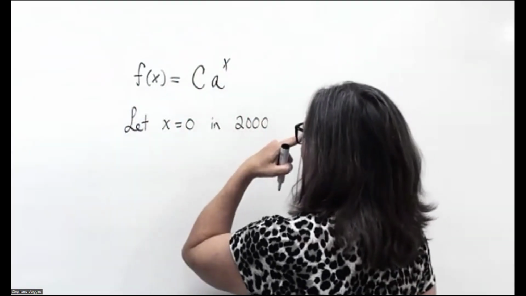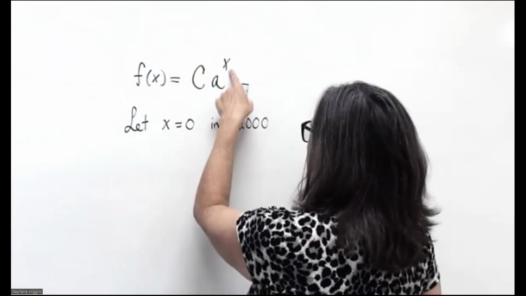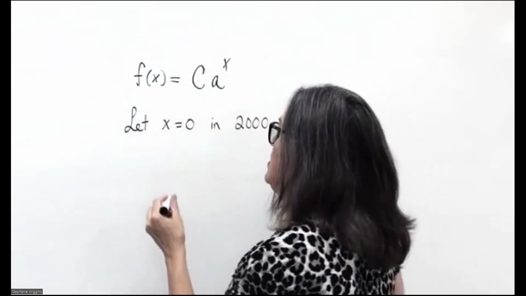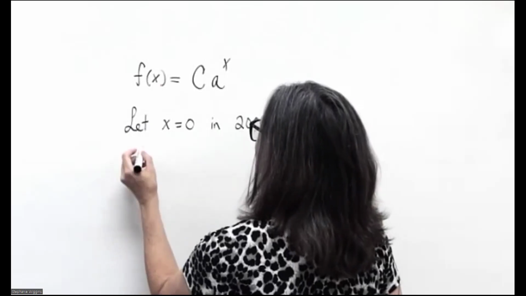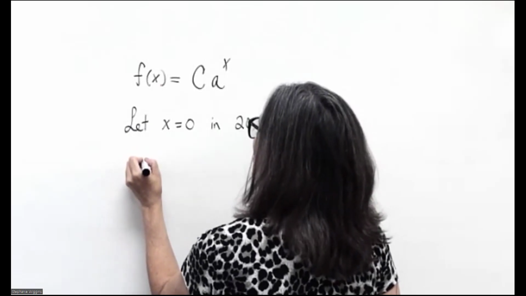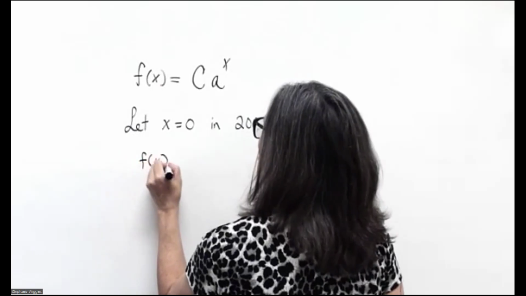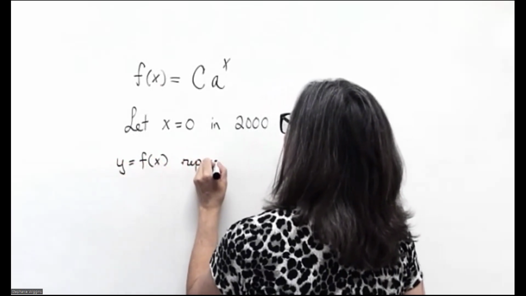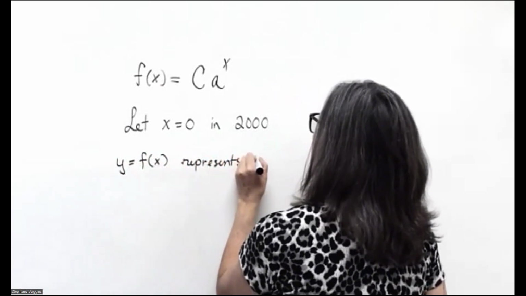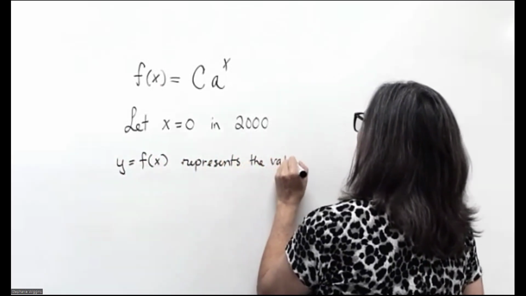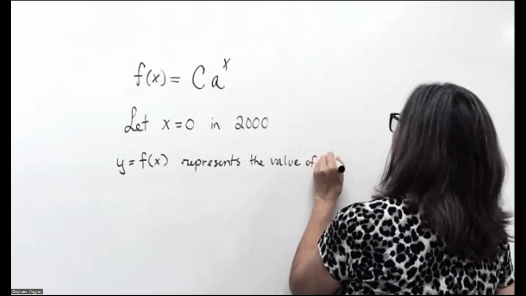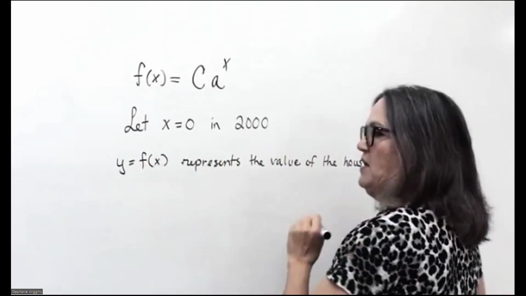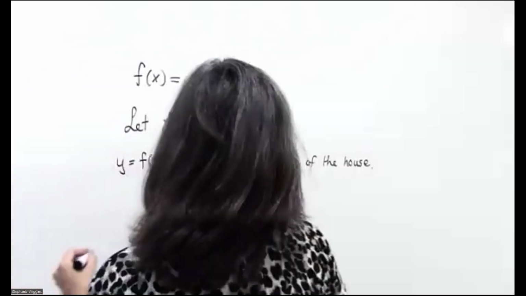So we're going to go ahead and plug in 0, and then we get 220,000 is the value of the house, okay? So f of x, which is y, represents the value of the house.